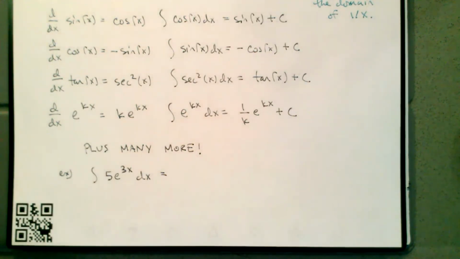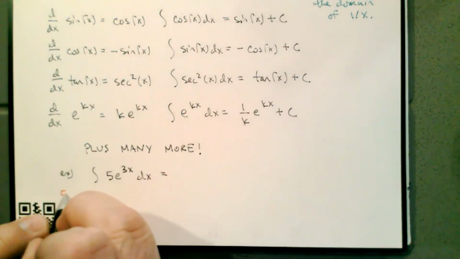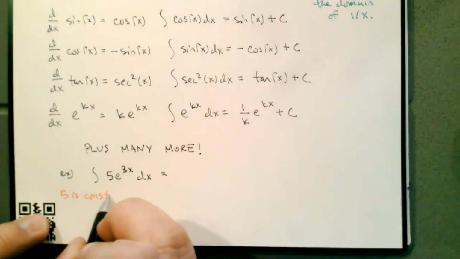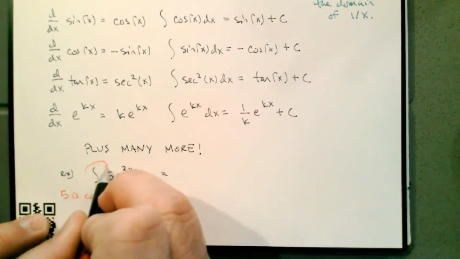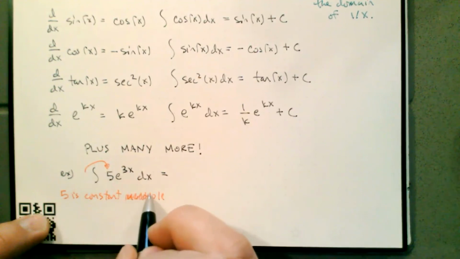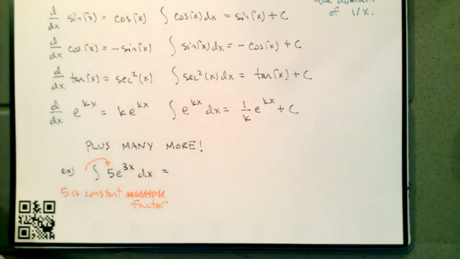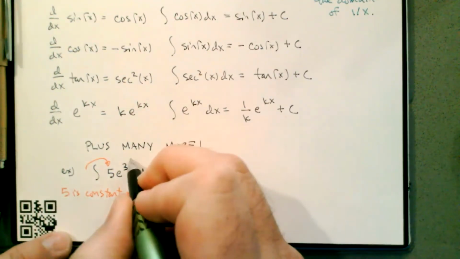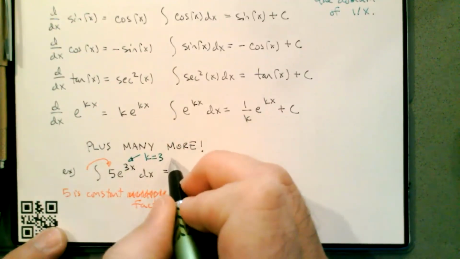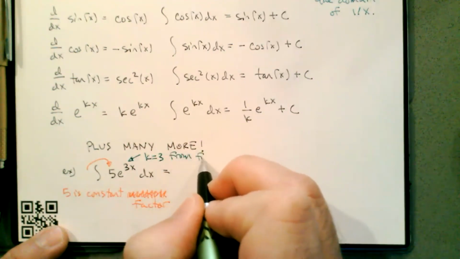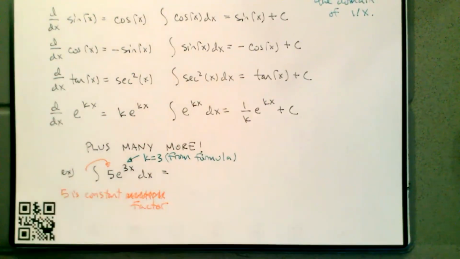So it's important to recognize the roles that each of the constants play. 5 is just a constant multiple, or a constant factor. Three is the k from the formula. So the constant multiple just hangs around.